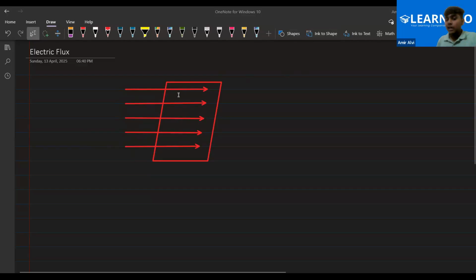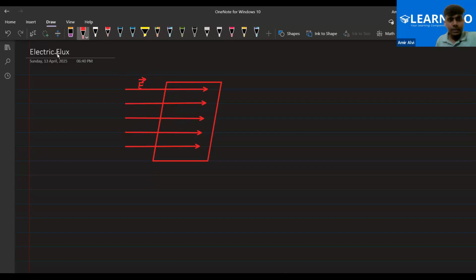So that quantity is called electric flux. Is that clear? Yes, sir. So it's nothing but the E vector, the electric field vector.